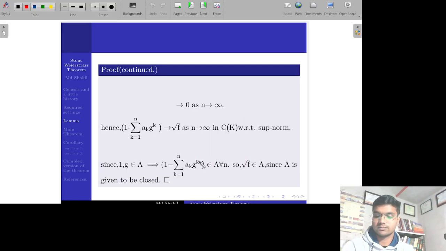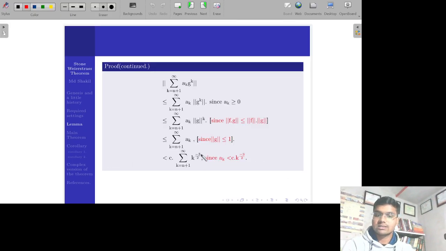And now this summation of k to the power minus 3 by 2, that is, the summation of 1 by k to the power 3 by 2, is a convergent series by the p-series test, because 3 by 2 is greater than 1.